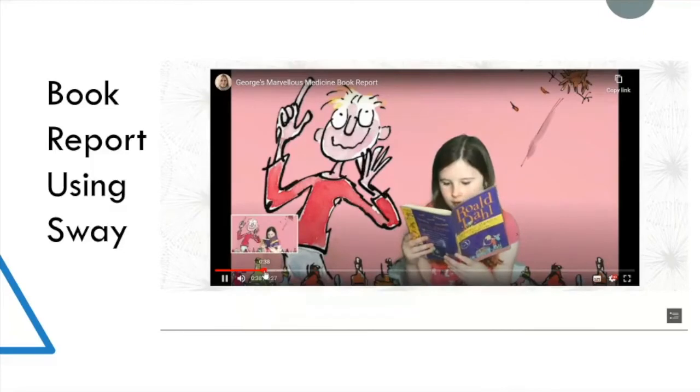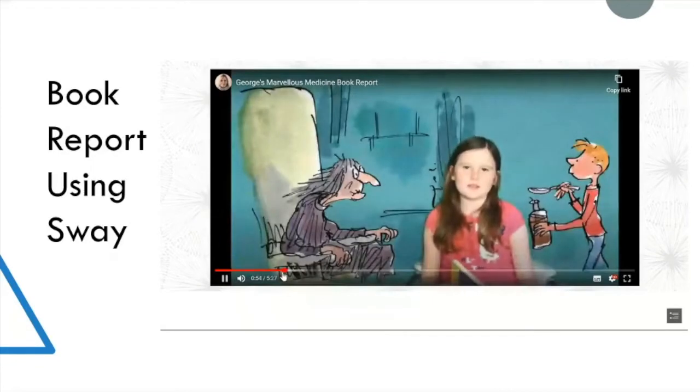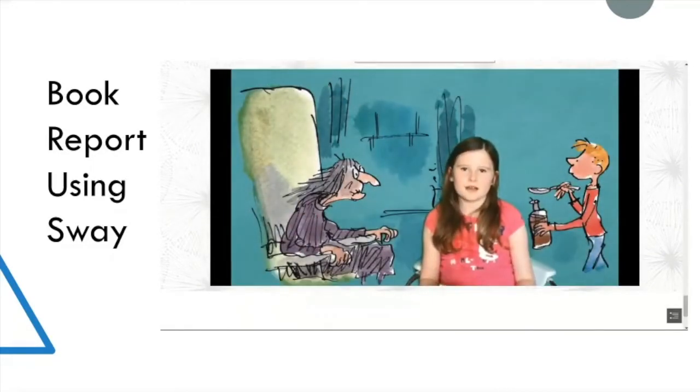So you can see how she's got her background graphics. That was created with an application called Serif Craft Artist, where it was copyright-free material that the local authority had purchased. However, this could also be the child's own drawings. And throughout the book report, the background graphics changed as she went through her storyboard.